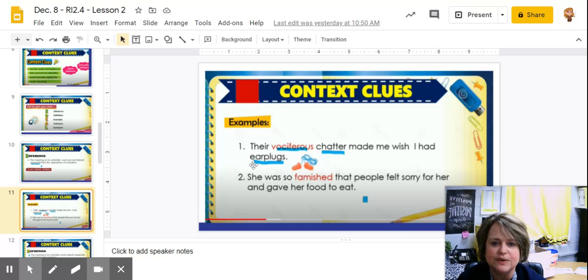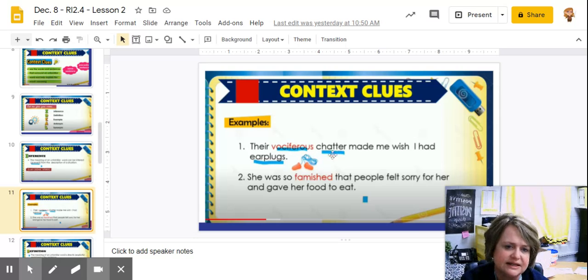Today we're going to look at 2 examples. The first one says, their vociferous chatter made me wish I had earplugs. Vociferous. Well, I know what chatter means. I know that it means to talk. And I know what earplugs are, the things that you put in your ears that block the sound.